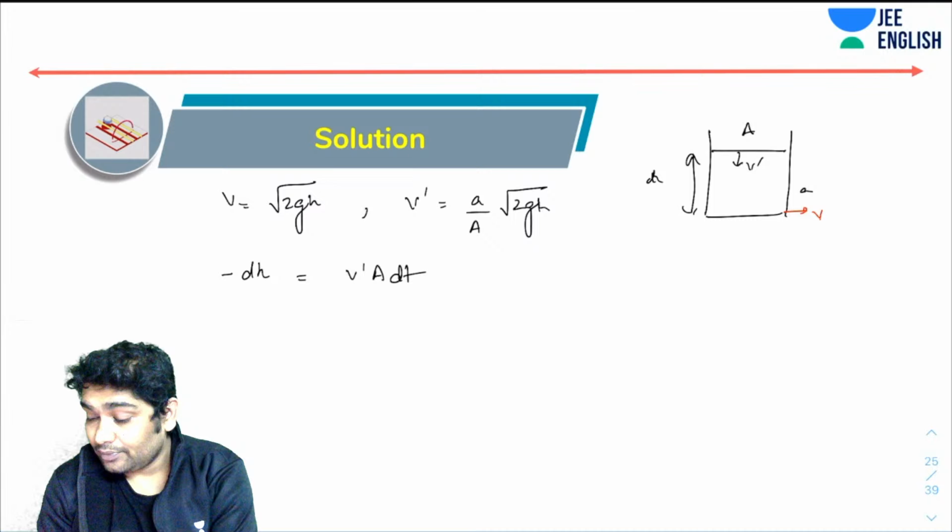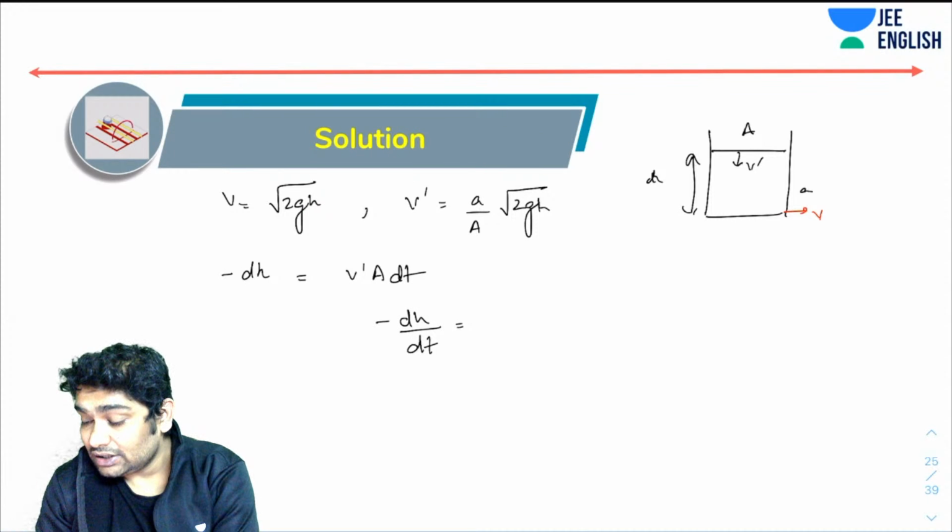So from here, minus dh over dt equals small a root 2gh. Then dh times h to the power of minus half becomes equal to a root 2g dt.